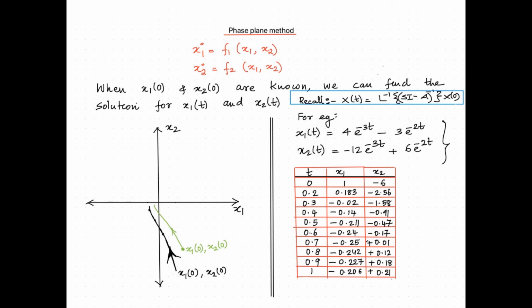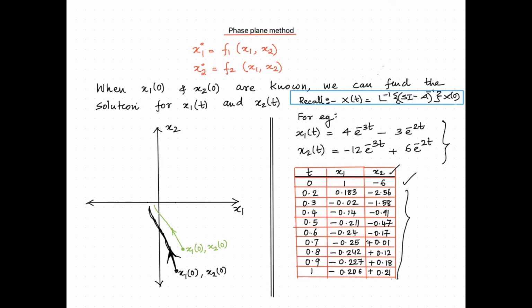Let us assume that these solutions are obtained for an initial condition x1 is equal to 1 and x2 is equal to minus 6. We can substitute different values of time and obtain the values of x1 and x2. And for every time, we can see that a pair x1 comma x2 is obtained.